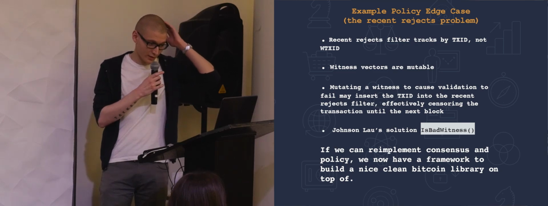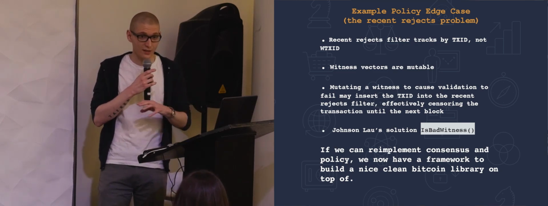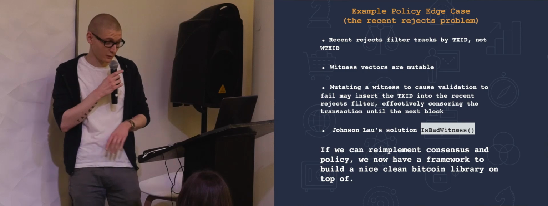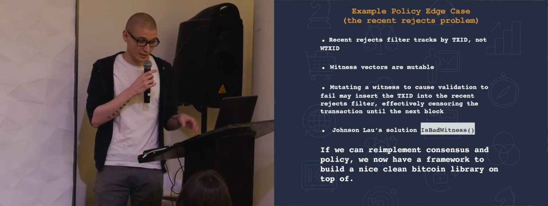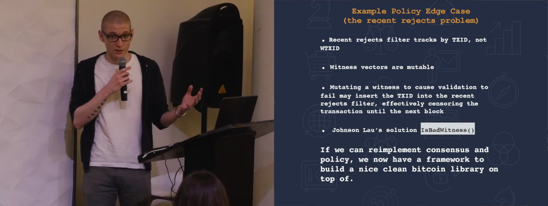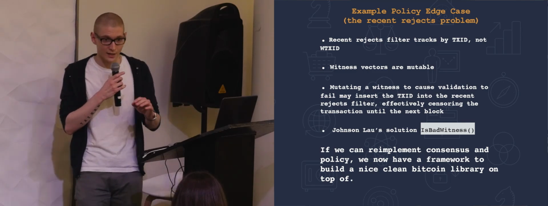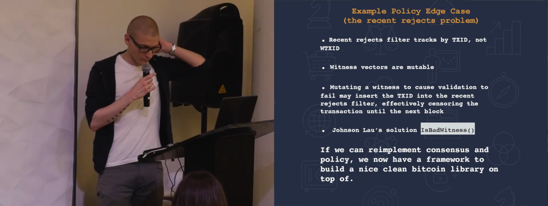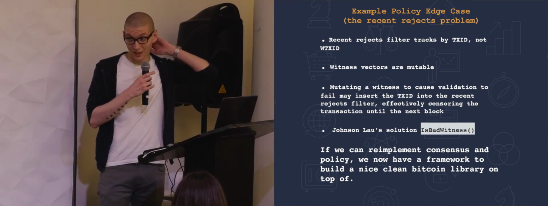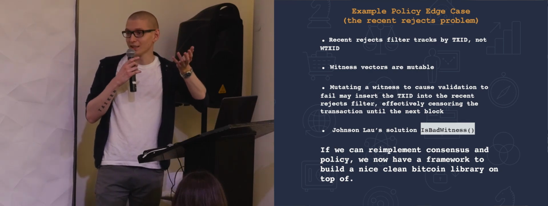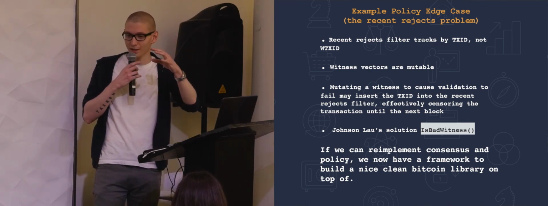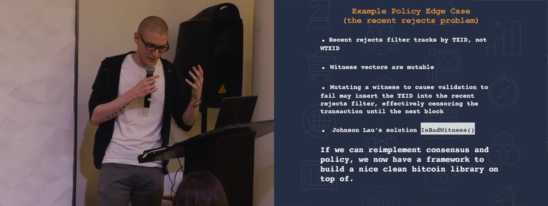And so Johnson-Lau's solution, there's sort of a crappy, naive solution in Bitcoin Core right now. Johnson-Lau's solution is bad witness, which is a good solution. It checks for standardness of the witness vectors and whatnot. But at the end of the day, you have to get relay policy right.